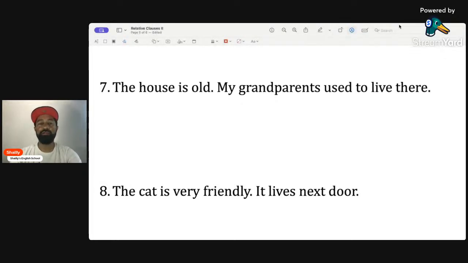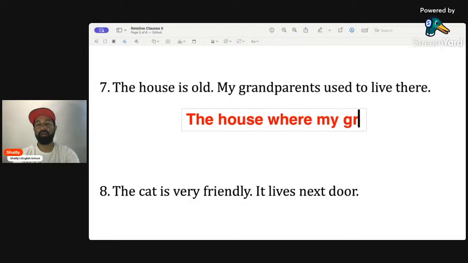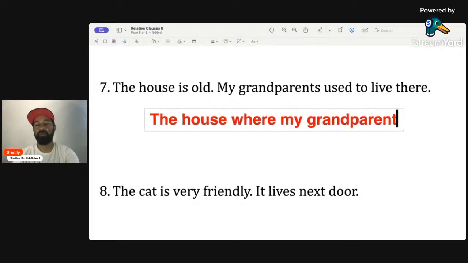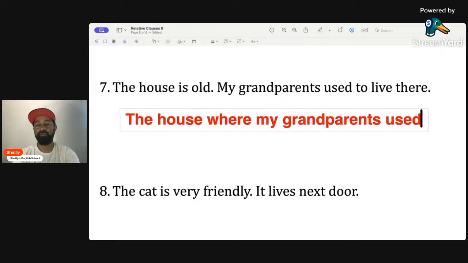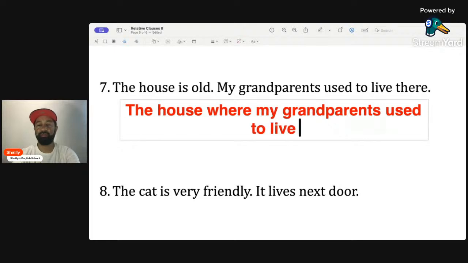Now, I'm going to use a new relative pronoun. When I join it, it's going to be where. All right, so the house where my grandparents used to live is old.